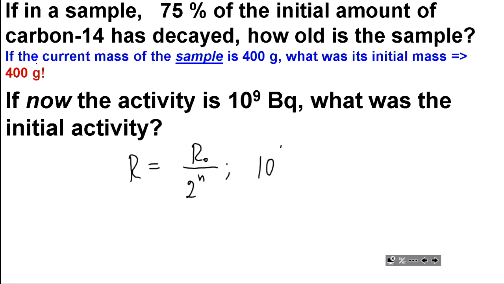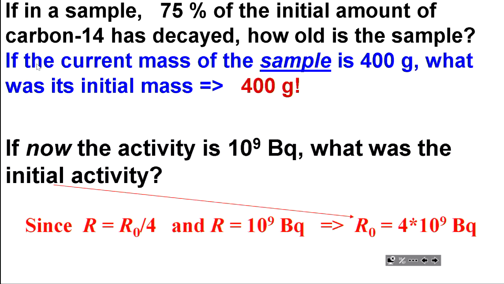So if now the activity is 10 to the 9th, the initial activity was equal to this number, 4 times 10 to the 9th becquerel, decays per second. Even the mass wasn't changed, right? So now you read it.